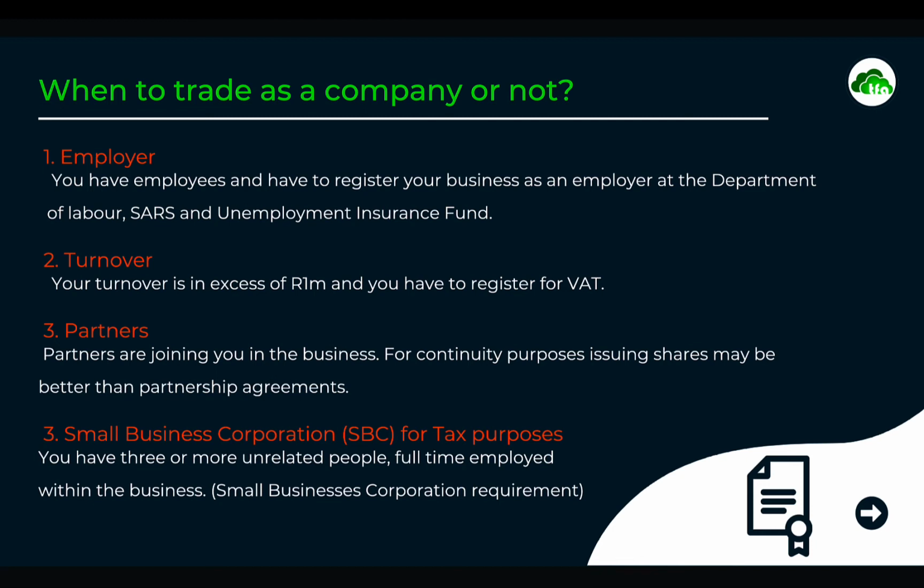Your turnover is in excess of R1 million and you have to register for VAT. Partners are joining you in the business, and for continuity benefits, issuing shares may be better than partnership agreements. You have 3 or more unrelated people full-time employed within the business, which will ensure that you meet the requirements as a small business corporation, and as a result receive the benefits of a small business corporation being taxed at lower rates than a normal company.